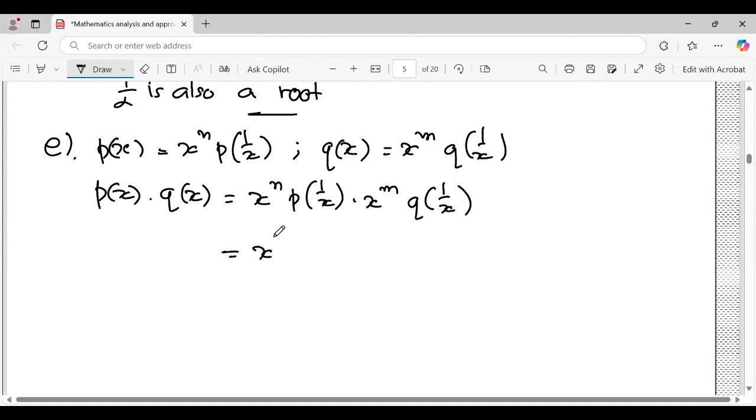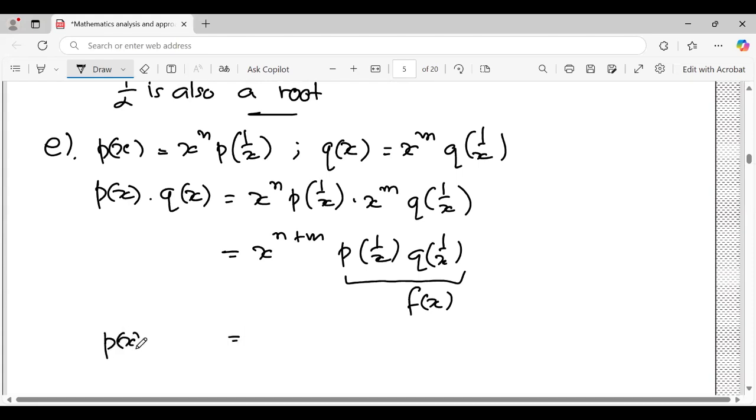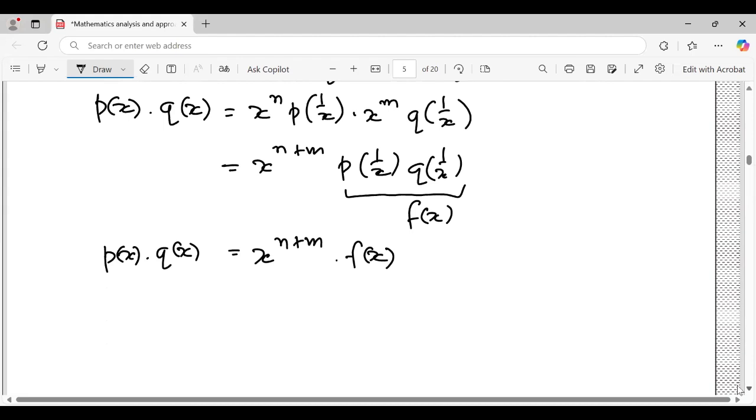It becomes x to the power n plus m, times P of 1 over x times Q of 1 over x. This expression is f of 1 over x. So we can write f(x) as x to the power n plus m times f of 1 over x, and n plus m is the degree of f(x).